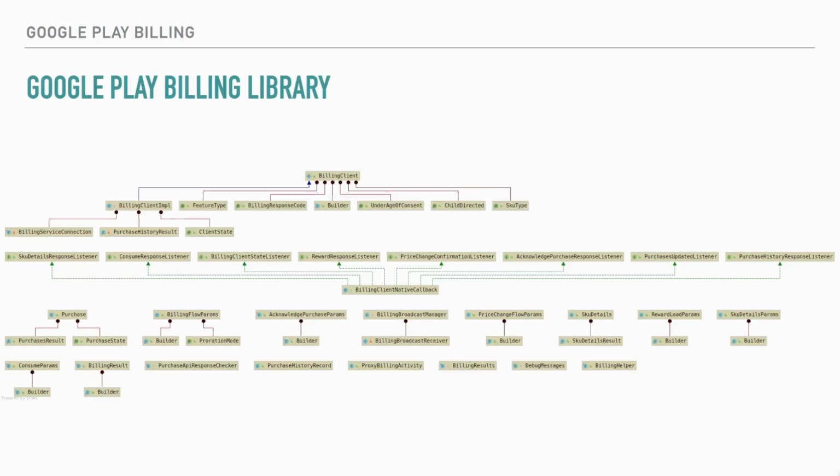It has a whole pile of listeners that notify your app of certain events happening in the life cycle of a product purchase or a subscription. And then you've got a whole bunch of helper classes, like builders for various things, to build purchase objects, to build certain flow objects, to build SKUs, which are more or less products or product IDs. So there's a whole layer of these kinds of things.